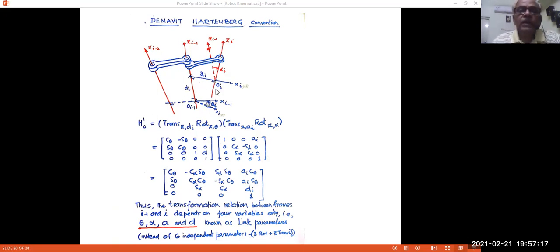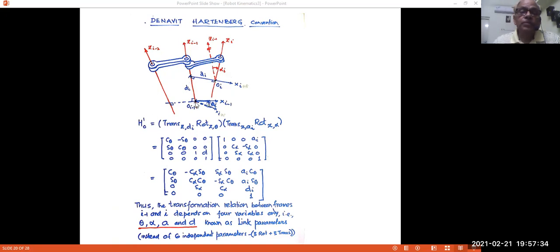Similarly, you draw a line parallel to Zi minus 1 at Oi. This angle from Zi minus 1 to Zi about Xi will be labeled as alpha i.